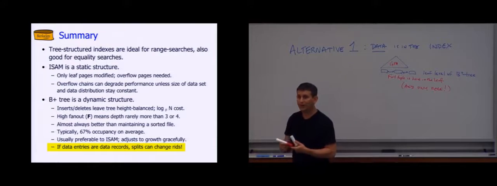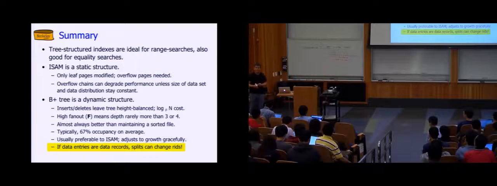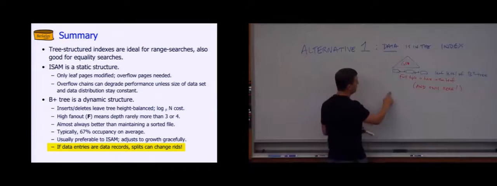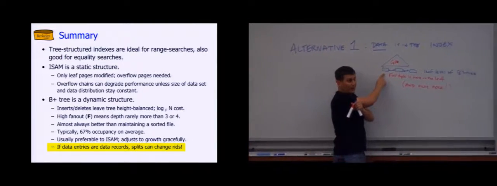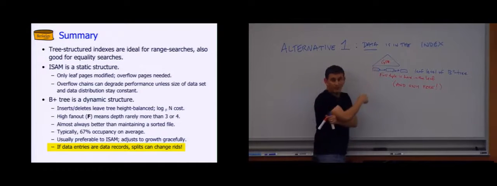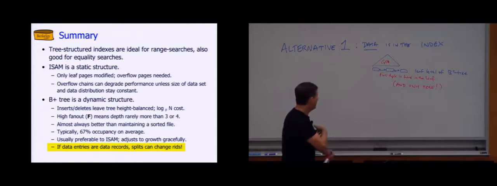So if you have another index by, say, student ID, it would not be able to be alternative 1. It would be alternative 2, and it would have pointers into this B tree, because that's where the tuples are. It would have record IDs, which are page number, slot number, that reference leaves of the B tree. Make sense? So that's alternative 1.